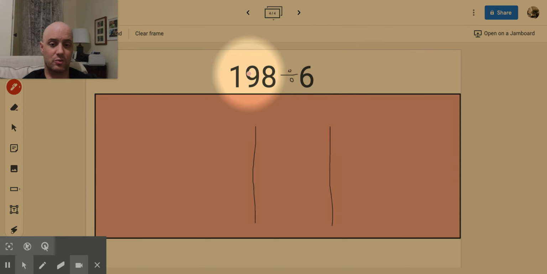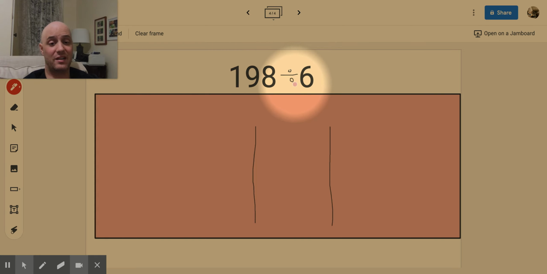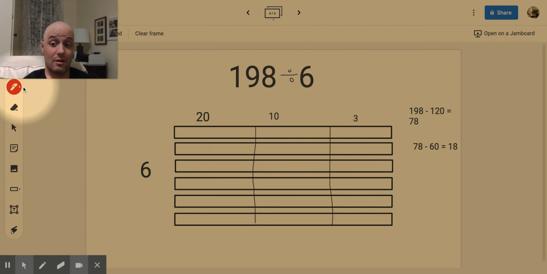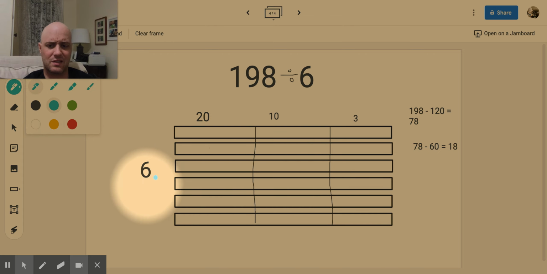All right, next one. This is the last one for you today. 198 divided by 6. Have a go. There are a bunch of different ways to think about this. We've got 6 rows, we need a total of 198.